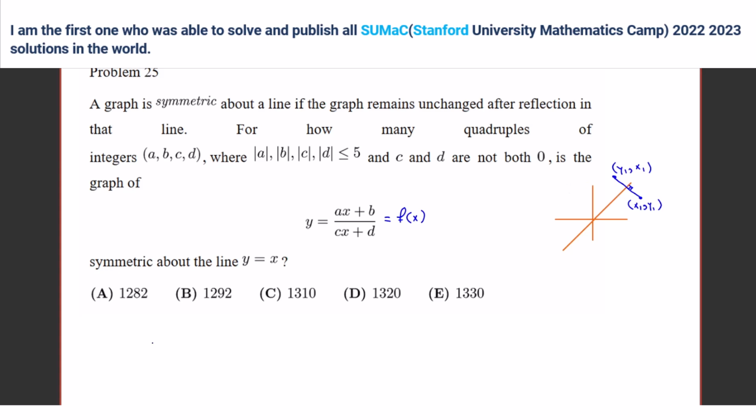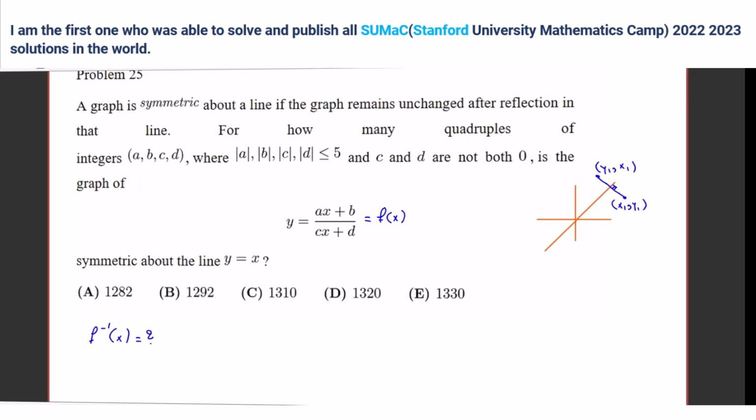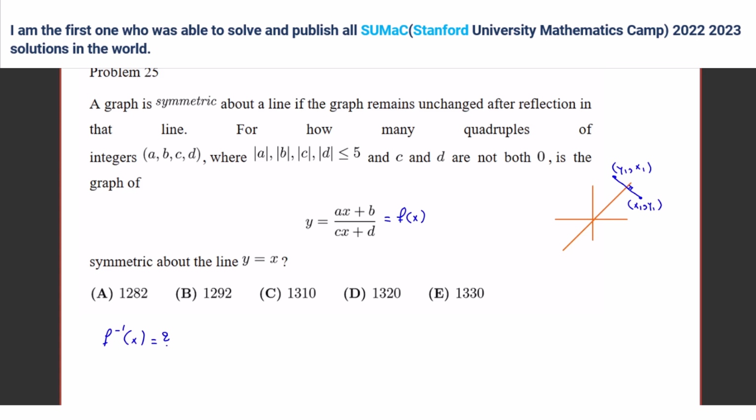Now, we know y is equal to (ax plus b) over (cx plus d). Calculate f inverse of x, okay? x equals (b minus yd) over (cy minus a). You should say it in terms of x, so it will be what?